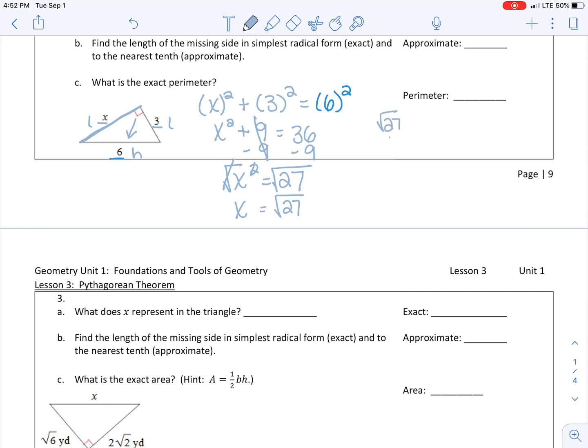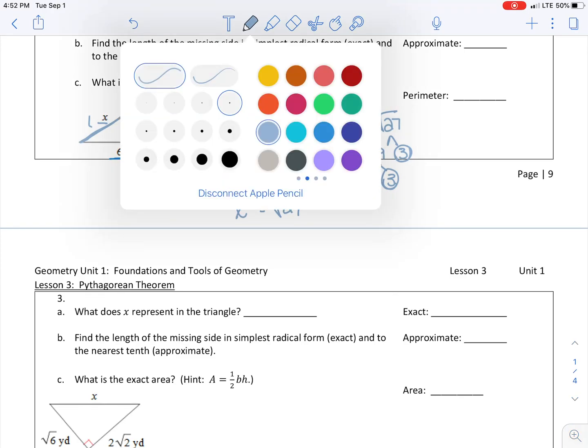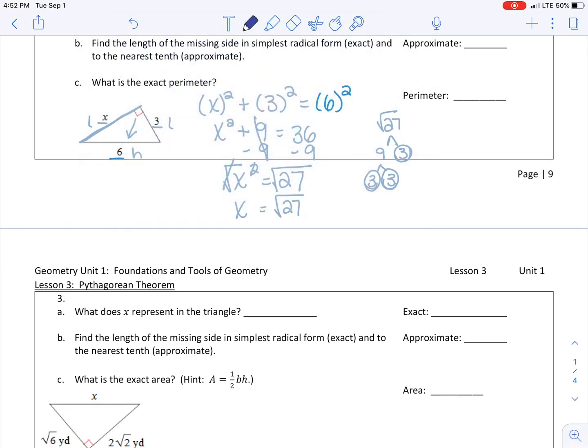If I break that down, I can break it down to 9 and 3, with 3 being a prime number. So I'm going to break down 9 to get 3 and 3, and those are both prime. Then if I look for my pairs, I have a pair of 3s here, and I have this loner 3 here as well.